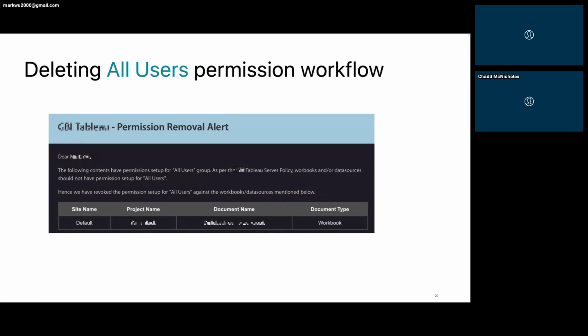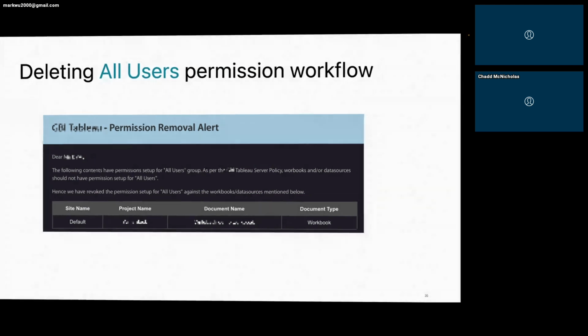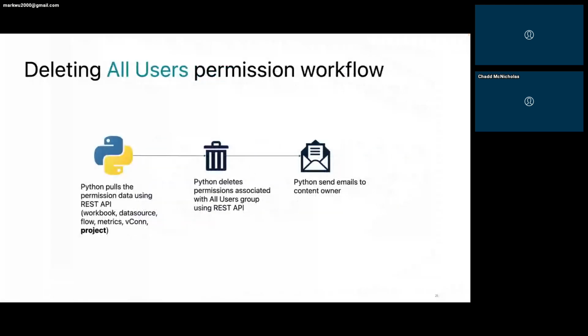If the All Users group is used, I will delete it every single day and send an email reminder to the content owner. It's just a simple Python script, pulling from the REST API actually. Workbooks, data sources, flows, metrics, virtual connections, even the project level, everywhere, anywhere. So that is All Users group.